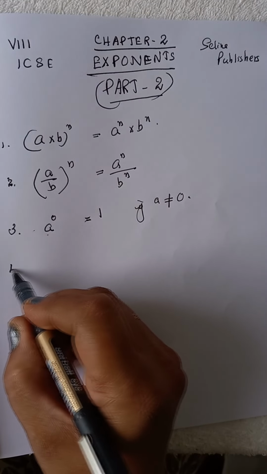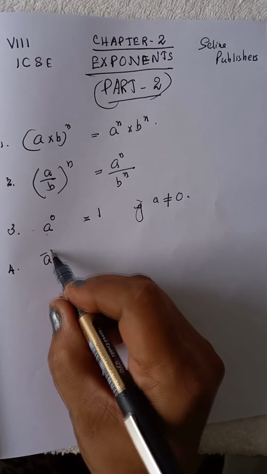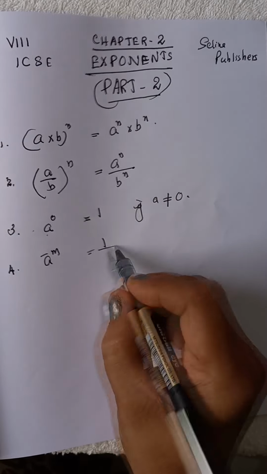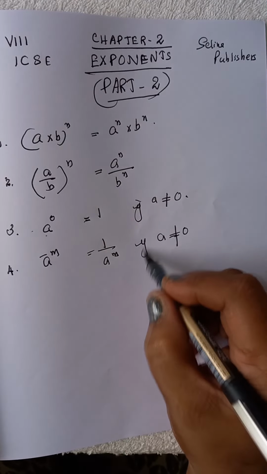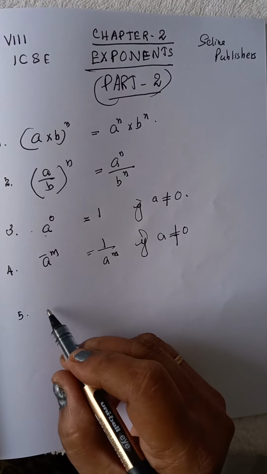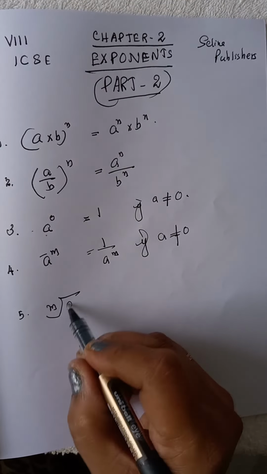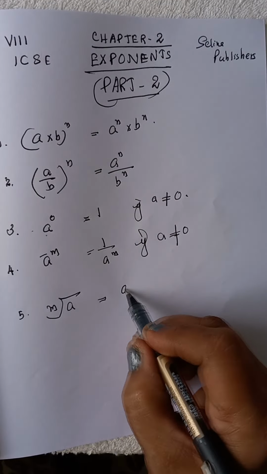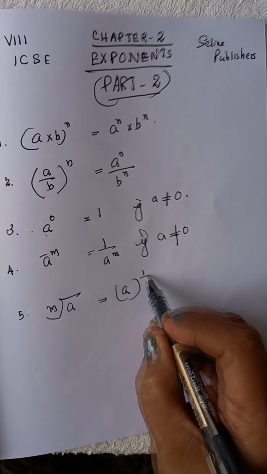Now the fourth one is a raised to minus m is equal to 1 by a raised to m if a is not equal to 0. Next one is the mth root of a, that is equal to a raised to 1 by m.